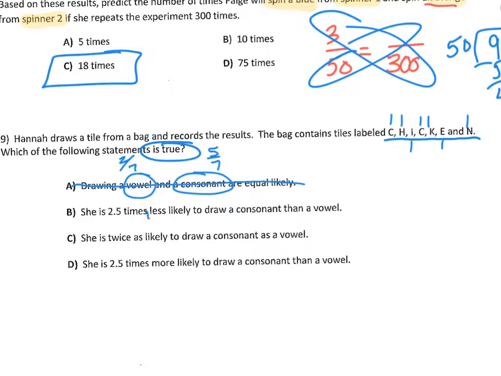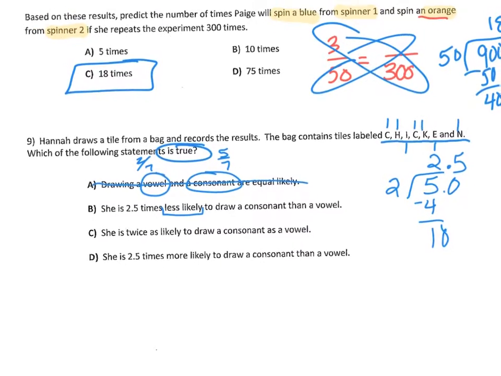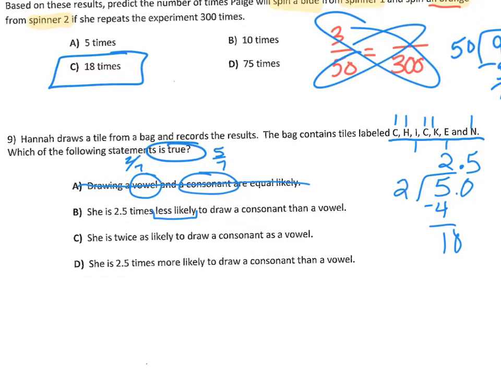If we take the 5 for the consonants divided by the vowels, so how many consonants there are divided by how many vowels there are, that would be 2.5.